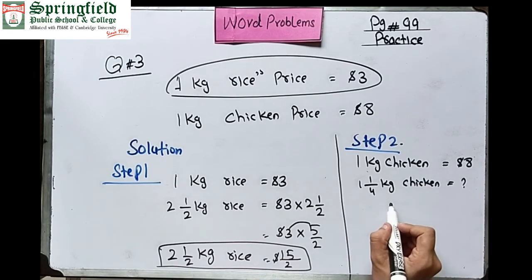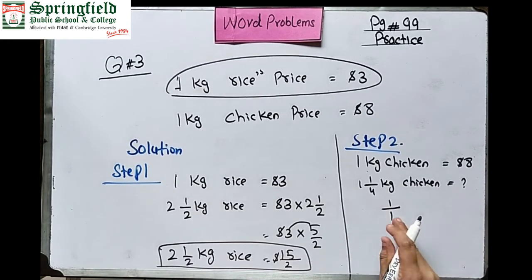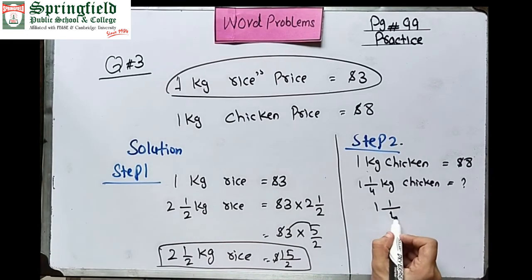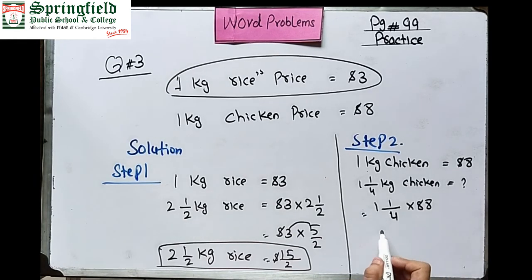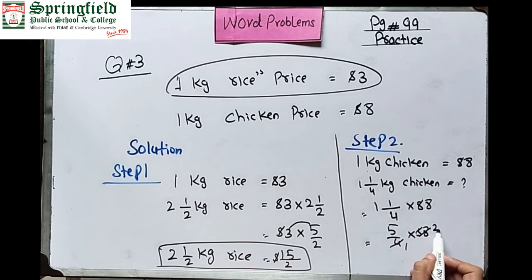So 1 whole 1/4 multiplied by $8. So 4 1s are 4, 5/4 multiplied by $8. 4 1s are 4, 4 2s are 8, 2 5s are 10. $10. Fine. This is the price of 1 whole 1/4 kg of chicken.